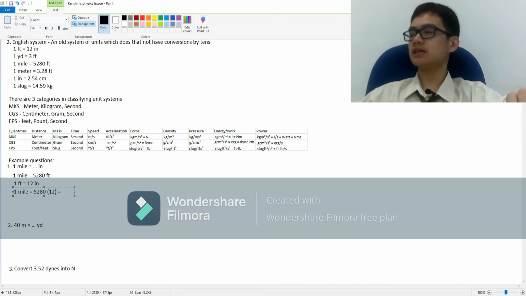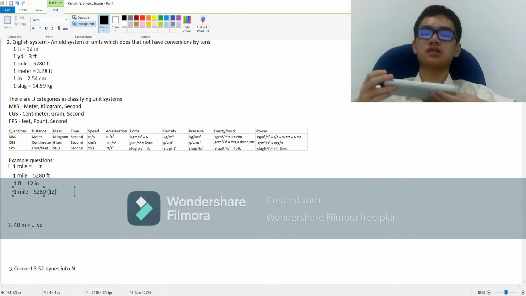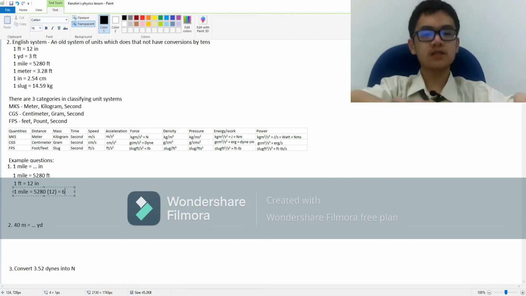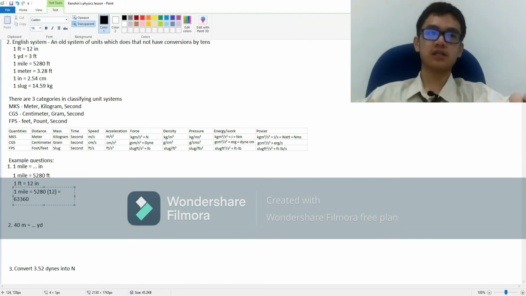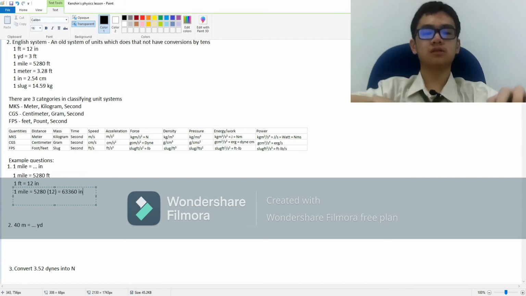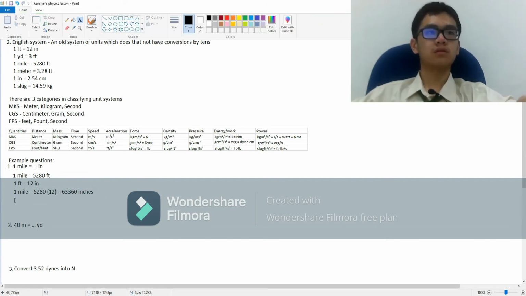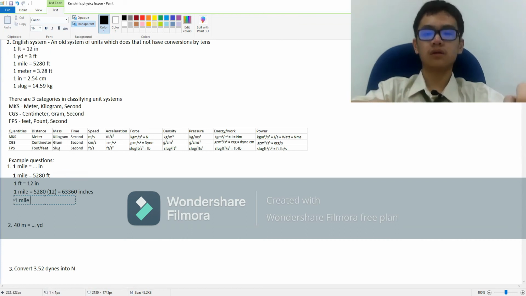Now, I'm too lazy to count this on paper, so I'm just going to plug this into my calculator right now. 5,280 times 12 inches is 63,360. So the end result that you get is 1 mile is equal to 63,360 inches.